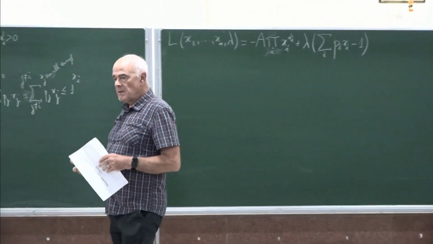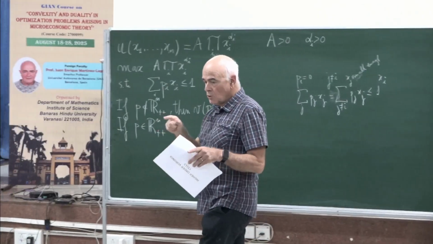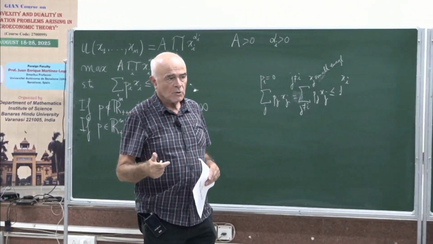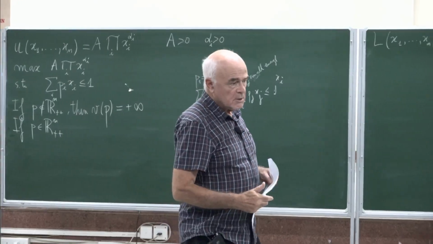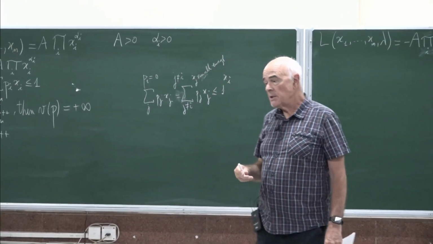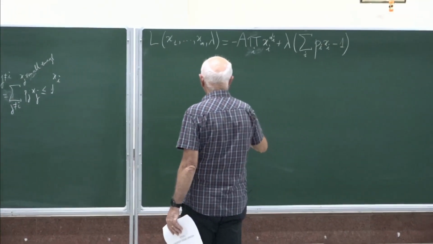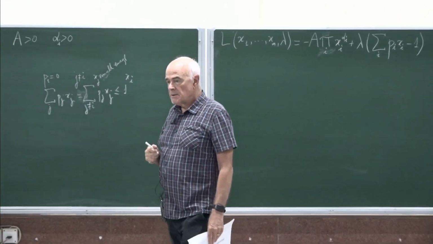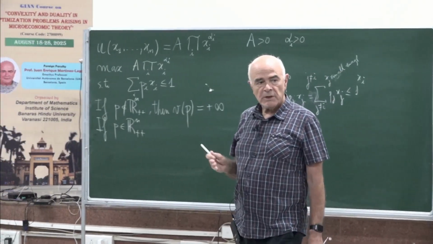And I apply the KKT theorem, but not your version, because your version was for convex problems. And this is not necessarily convex. Well, this would be convex when the sum of the alpha i's is less than or equal to 1, but we are in the general case now.